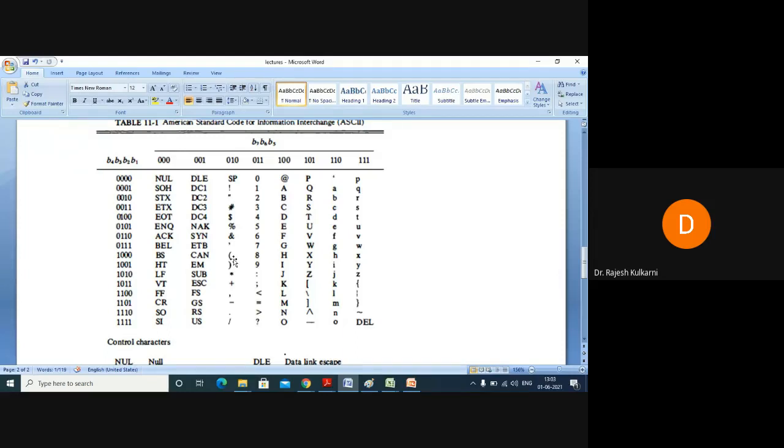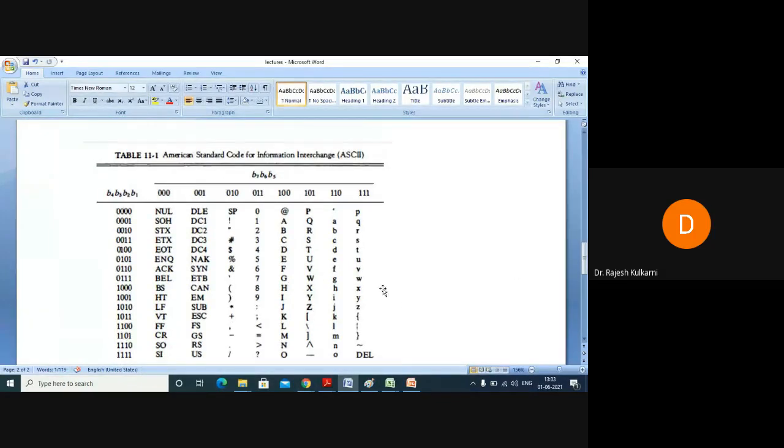This is the table for ASCII code. If I ask you what is the ASCII code for A, you will tell me that it is 1000001. So how many bits? 1 2 3 4 5 6 7 bits.